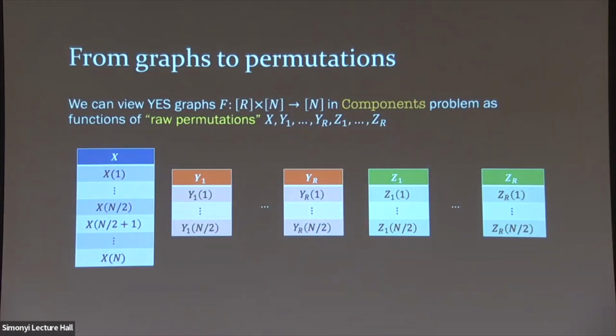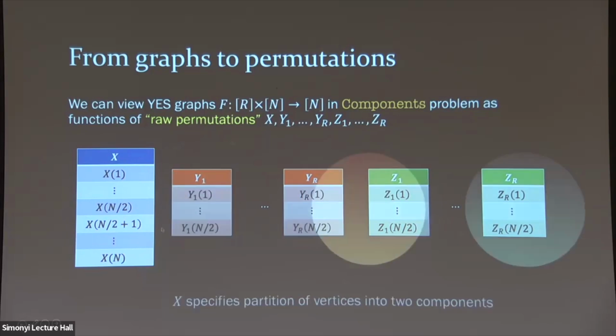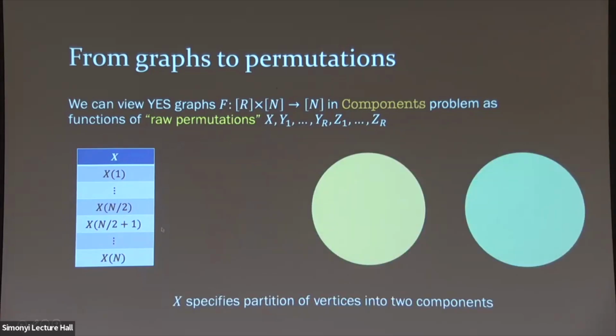Now I'm going to bring in these permutations. As Avi was anticipating, we can view every yes graph as being built out of a bunch of permutations. So every yes graph, we can think of it as a function of some permutations I'll call X, Y, and Z. Here's how we think of it. The first permutation X, which is a permutation on 1 through n, is going to specify how we partition the vertices. All of the entries in the first half will tell us which vertices go in the first component.